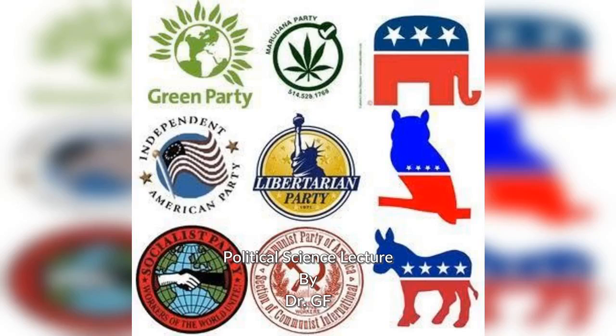The United States Constitution is silent on the subject of political parties. The founding fathers did not originally intend for American politics to be partisan. In Federalist Papers number 9 and number 10, Alexander Hamilton and James Madison, respectively, wrote specifically about the dangers of domestic political factions.